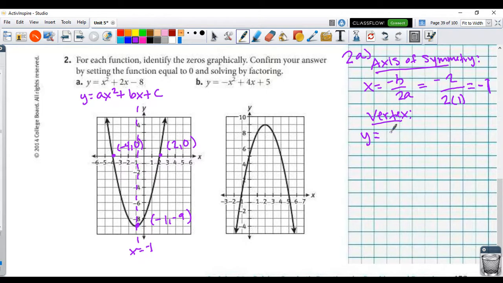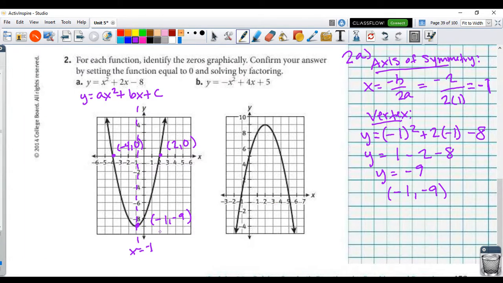So y equals -1 squared plus 2 times -1 minus 8. So if we simplify this, we end up getting 1 minus 2 minus 8. If we simplify that, we get y equals -9. So the x value was -1, the y value is -9, so we can put that into an ordered pair, -1, -9. Okay, so we have our vertex, so we found it by hand, and it does match the vertex that we observed, so that's good.